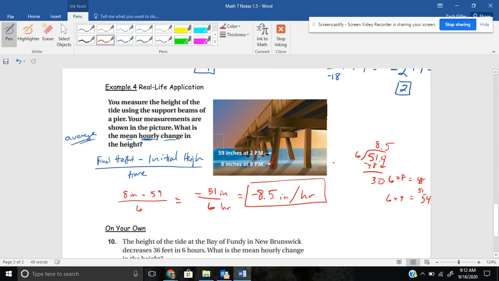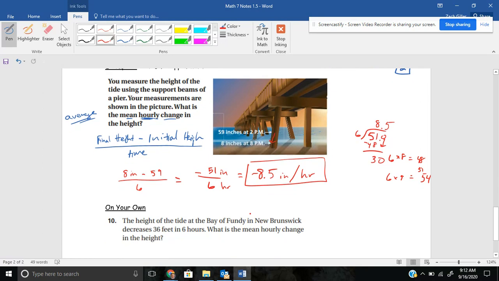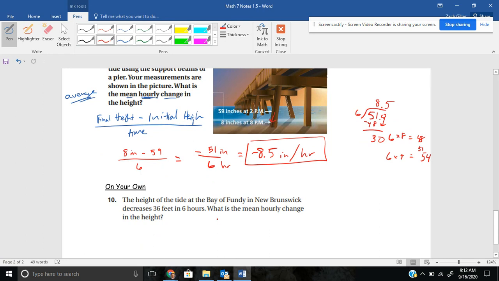So the height of the tide is definitely going down. So that's represented by a negative 8.5 inches per hour. Okay. Go ahead and try the on your own here for number 10 and see what you come up with.